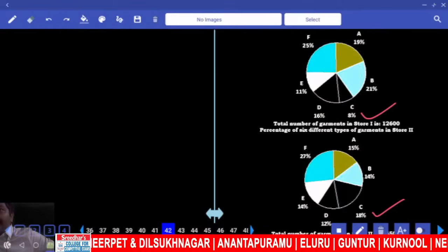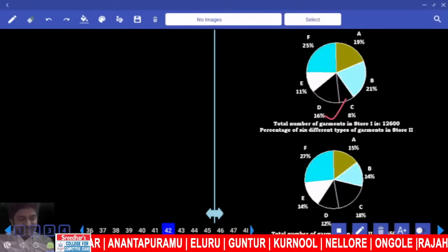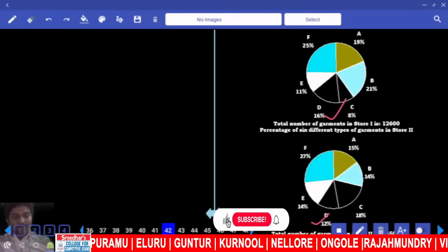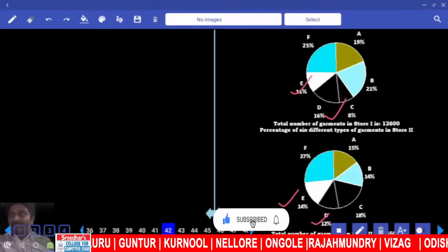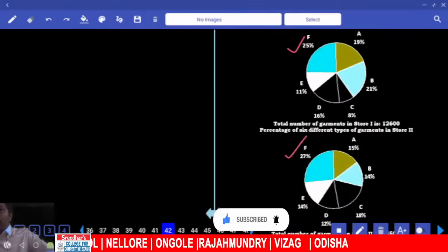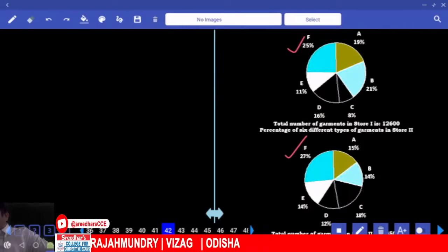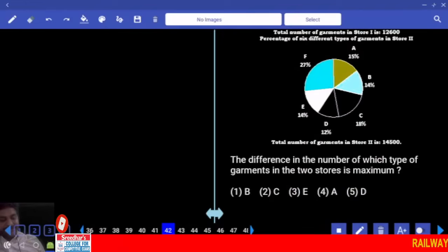Are you understanding? Next, D value 16 and 12, no. 11 and 14, 3, no. 25, 27, 2, no. So where you see the huge gap in terms of percentage? C, which is 10%, correct? Right. So without knowing numbers, we can say answer C.